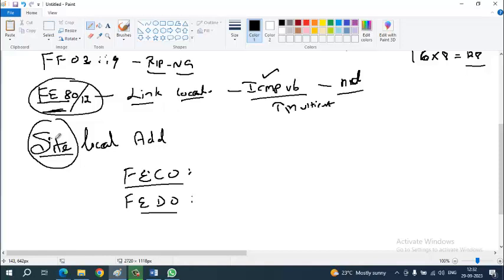We don't need private IP addresses now. Why? Because we got plenty of IPv6 addresses. So there is no need for private, public. Public address itself is too much, more than we need. So there is no need for private.